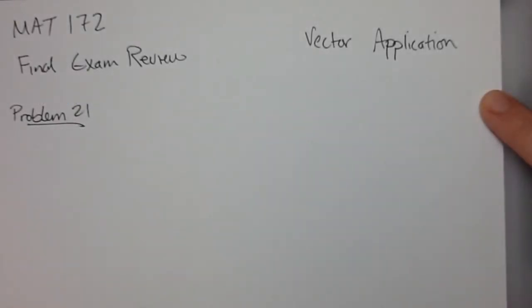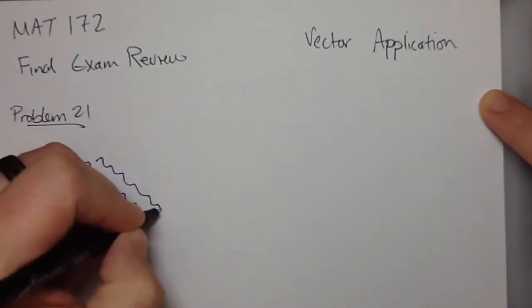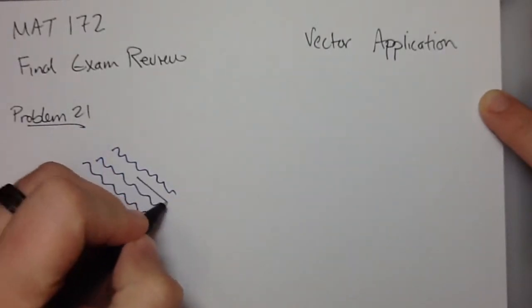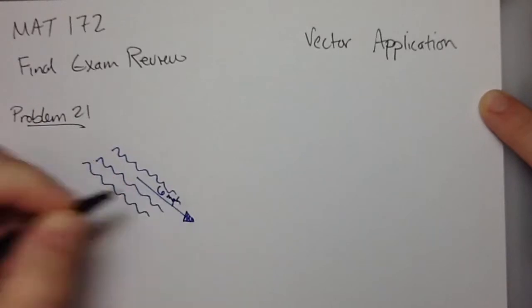We have a river that's flowing southeast at 6 miles an hour. So there's a river, dig these artistic skills, that's flowing this way at 6 miles per hour.